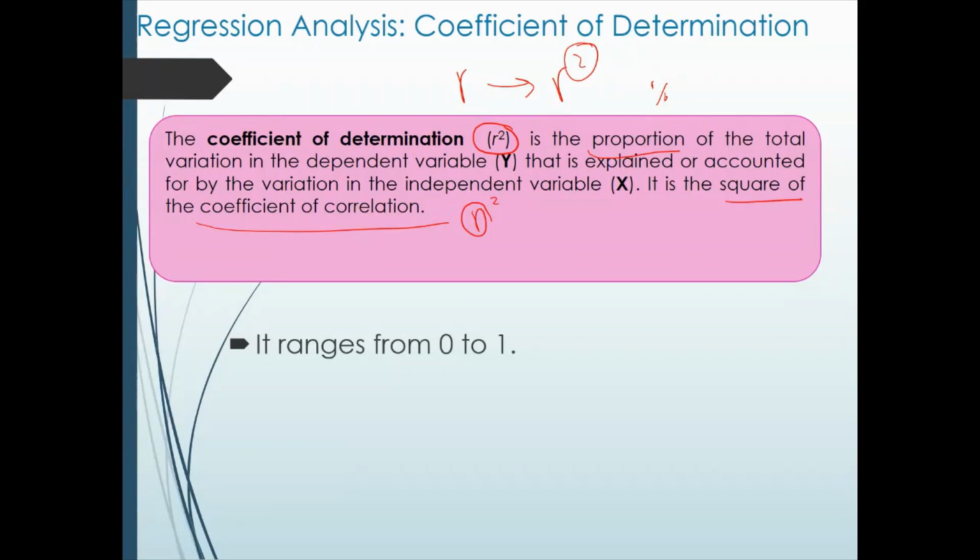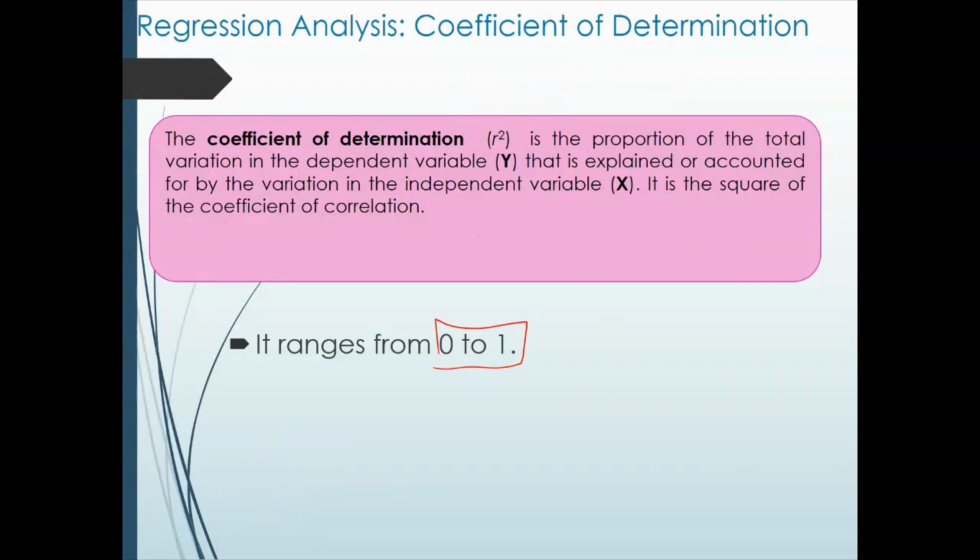Now, when you square a number, if I had an R equal to negative 0.2, for example, and I square it, the negative goes away and becomes positive. So R squared does not have any negative numbers. R squared goes from 0 to 1.